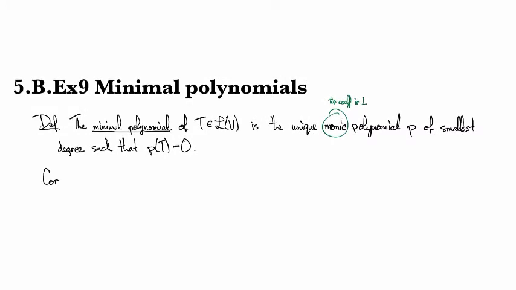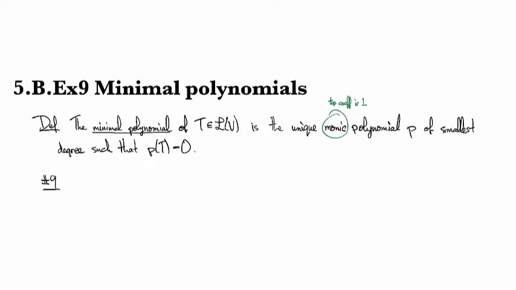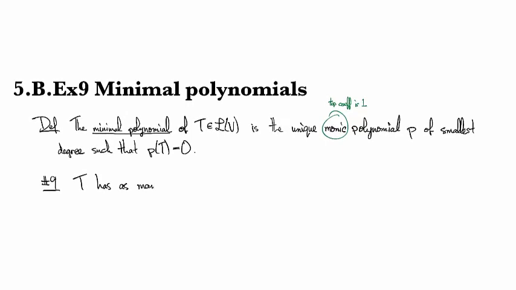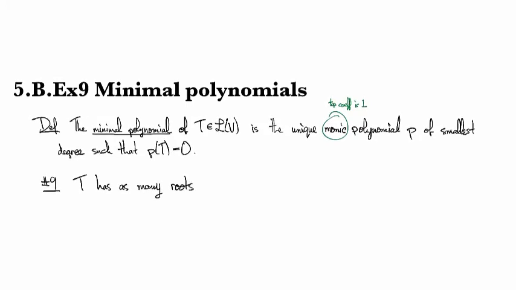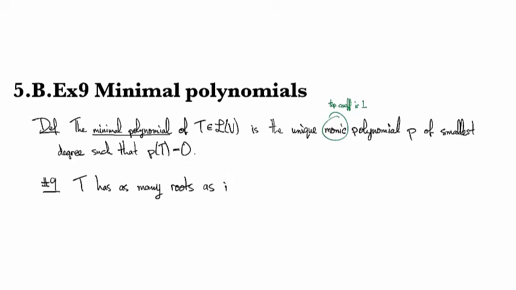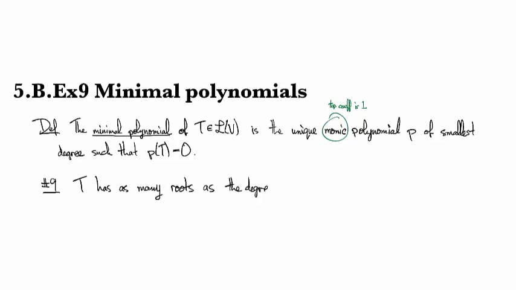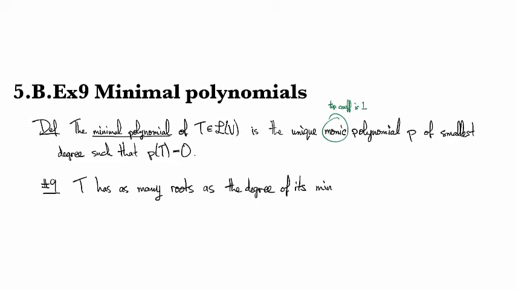So let's look at the corollary. This is problem number 9. And I'm going to express it as saying T has as many roots as the degree of its minimal polynomial.